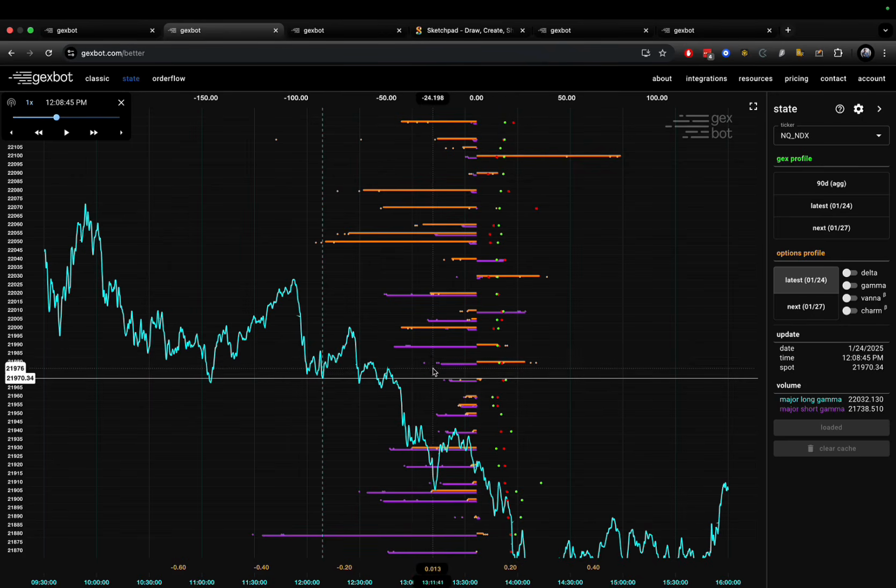So imagine you have this big barrier, and the institutions trading here wanted the price to go higher. Obviously, buying a call is bullish by nature, and selling a put is bullish by nature.